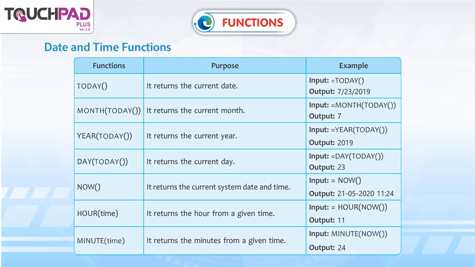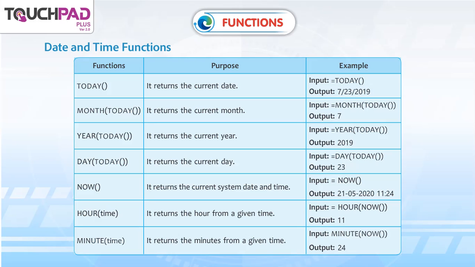DAY(TODAY()). It returns the current day. Input: =DAY(TODAY()). Output: 23. NOW(). It returns the current system date and time. Input: =NOW(). Output: 21-05-2020 11:24.